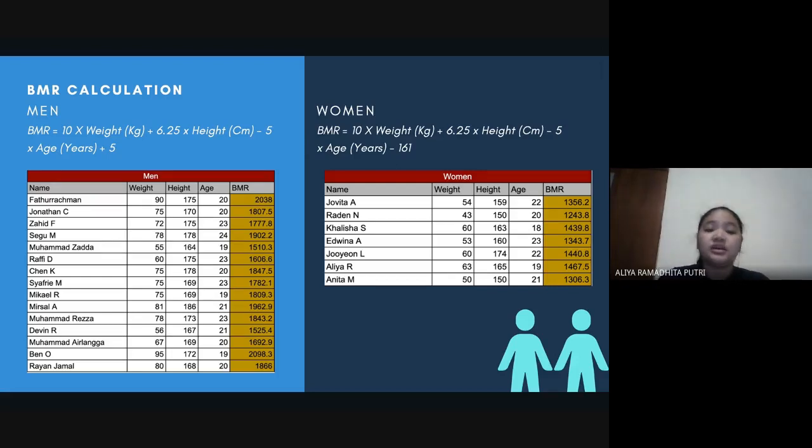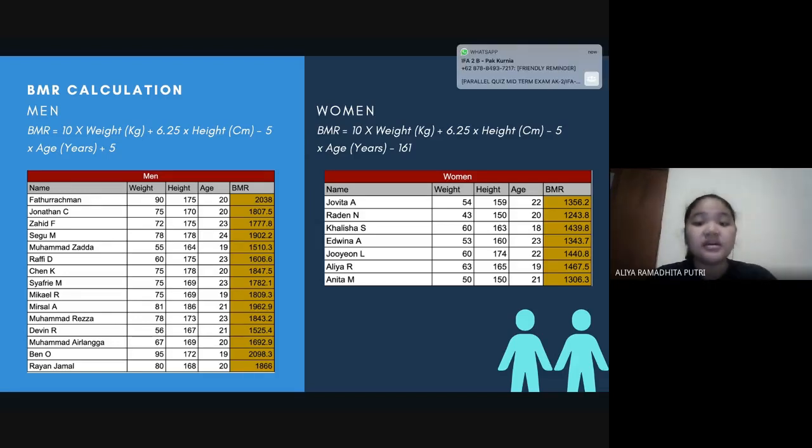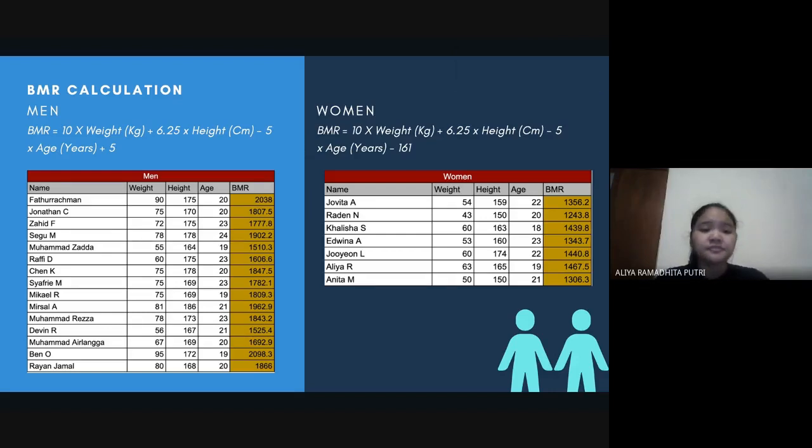If you are lightly active, with sports 1 to 3 days a week, it is BMR times 1.375. And if you are moderately active, meaning sports 3 to 5 days a week, it is BMR times 1.55.